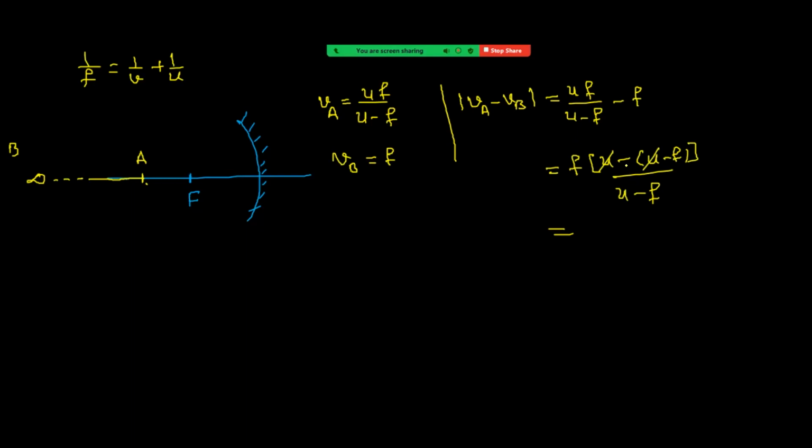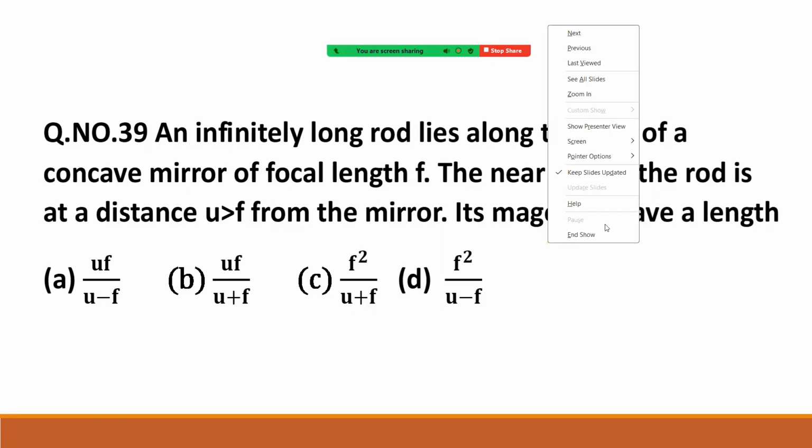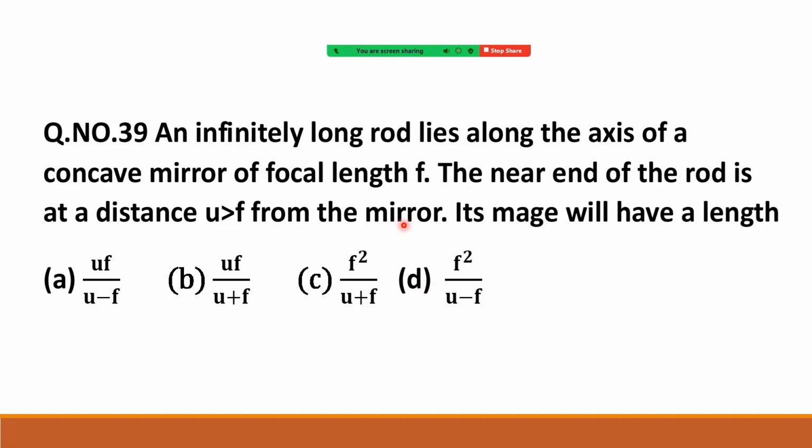The u and u get cancelled, minus of minus is plus. It is f square by (u minus f). That is the size of the image. So this is our answer. Now see the options. It is f square by (u minus f), that means it is option D, right? Okay.